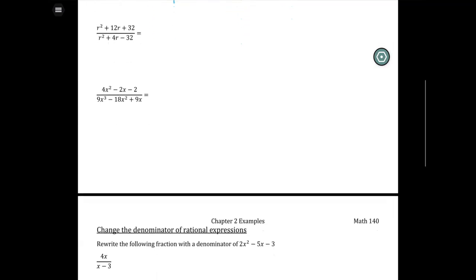So we'll hit some trinomials in the mix. I don't see any greatest common factors with that leading coefficient of 1, so I'm just going to jump right into it. The good news is that with a leading coefficient of 1, your factoring is usually easier. So I'm looking for factors of 32 that add up to 12. So what is 32? 32 is 2 times 16 and 4 times 8.